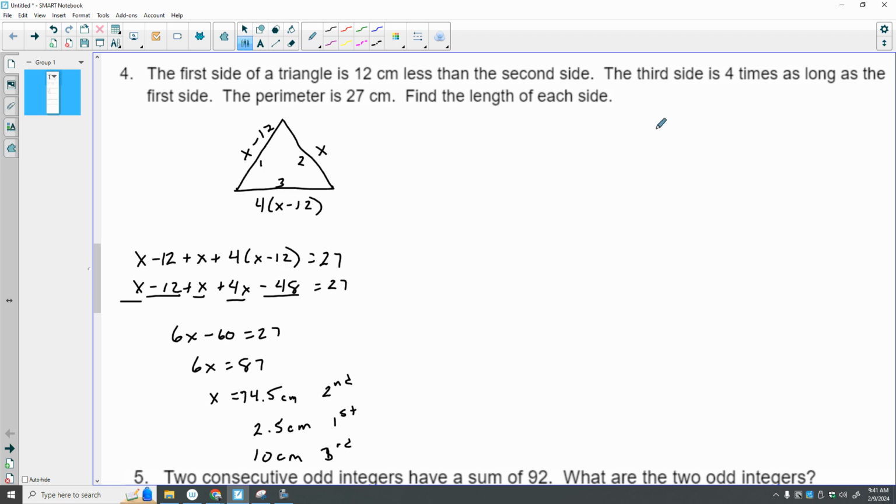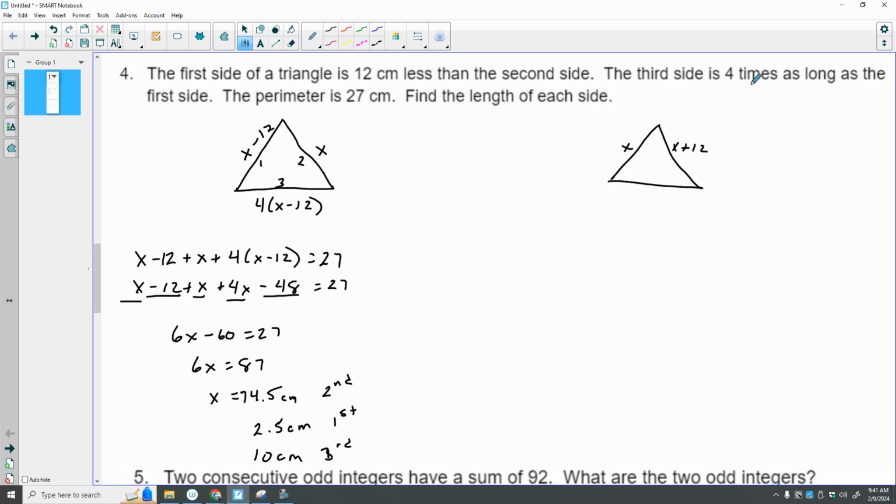Okay, just to prove to you that it doesn't matter how we define our variables, let's do it another way. Because you may have picked a different side. I'm going to call my first side x. So my first side is 12 centimeters less than the second side. My second side must be whatever my first side is plus 12.